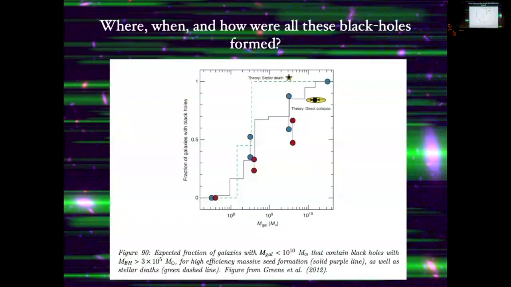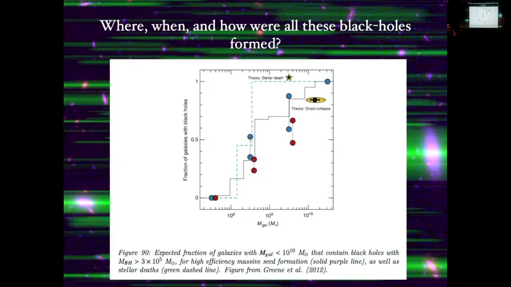Not only do we care to understand the shape, the morphologies of galaxies and their stellar masses and other properties, but we have also been finding that most massive galaxies, actually all massive galaxies where we had sufficient resolution and sensitivity, have a massive black hole. And so the question then is, if the universe abounds with massive black holes, where did they come from, when did they grow, and how did they grow?